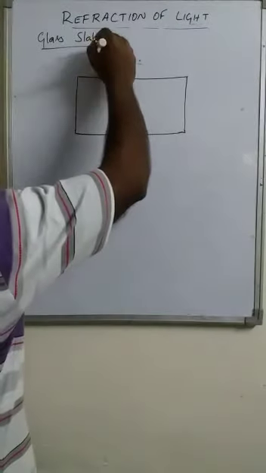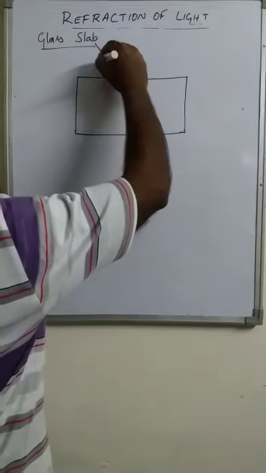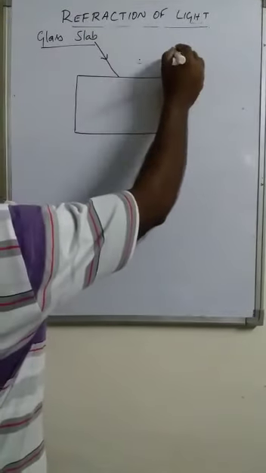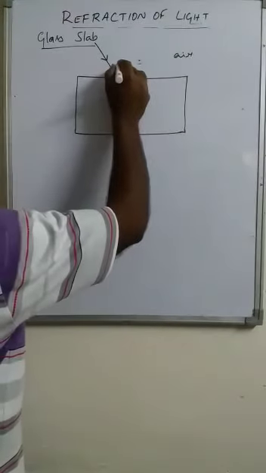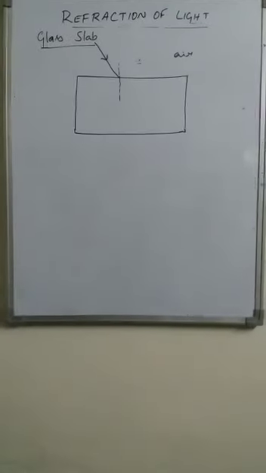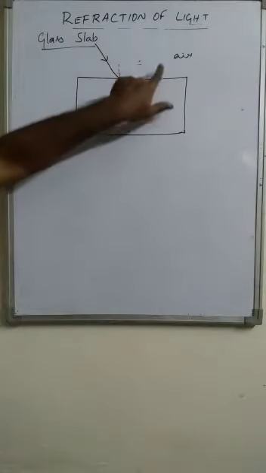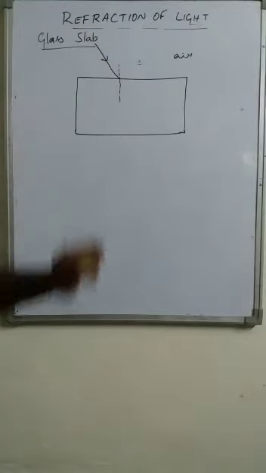Suppose we take a light ray. It travels in air, and at this point it is going to enter into the glass. Since air is rarer than glass, the light ray is entering a denser medium.